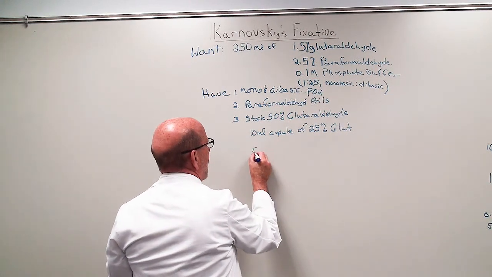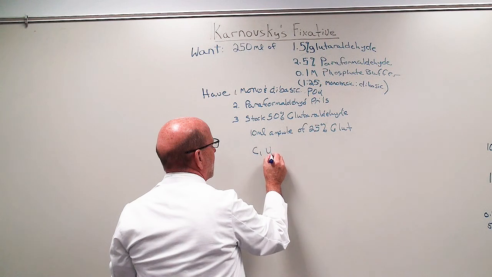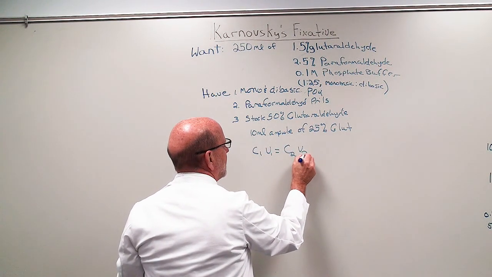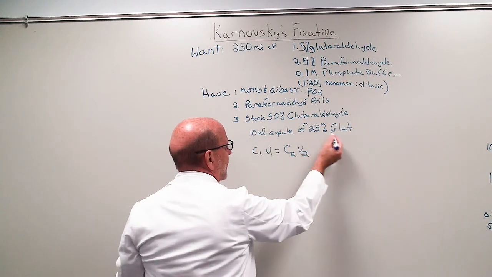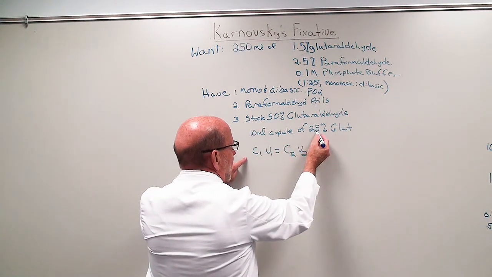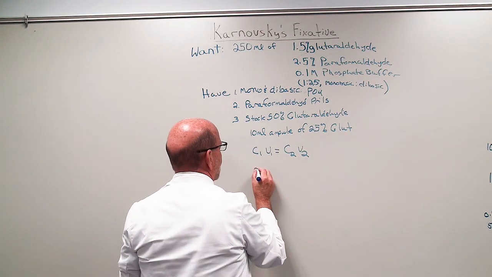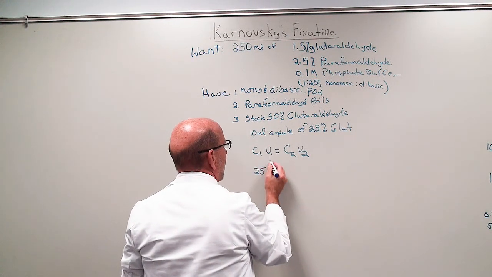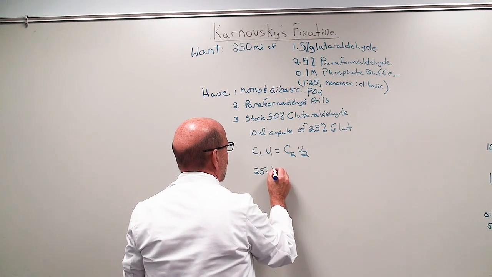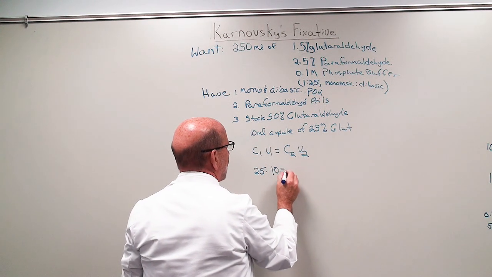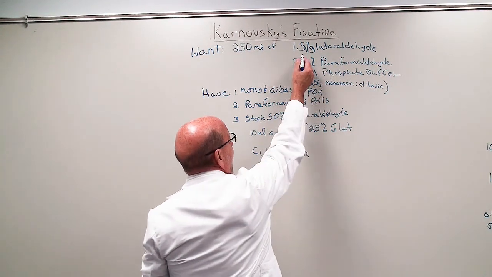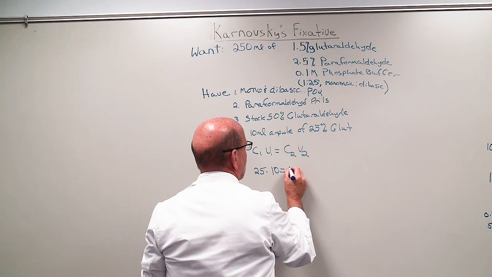So when I do that, I'm just going to use my C1V1 equals C2V2. I find this formula to be ubiquitous. You're using it all the time. So my concentration C1 is 25%, and the volume V1 is 10 mLs. And again, with these calculations, if you use the same units, you don't have to put it in terms of liters or percents and things like that.